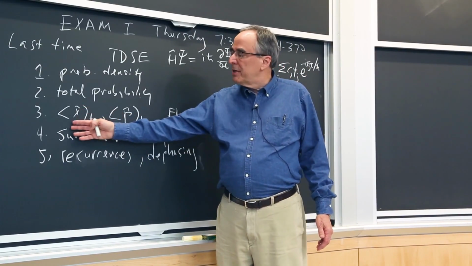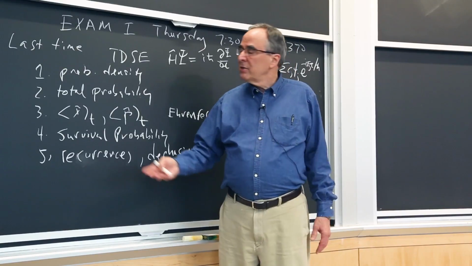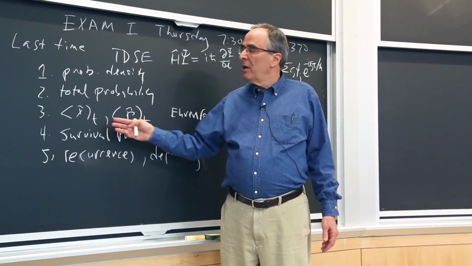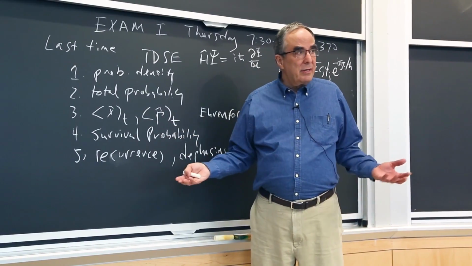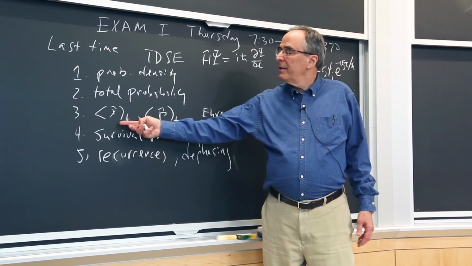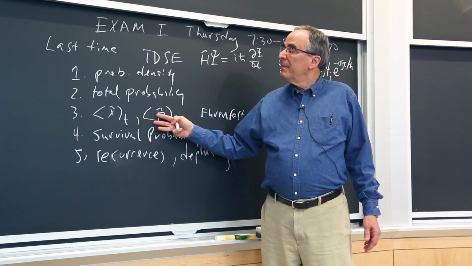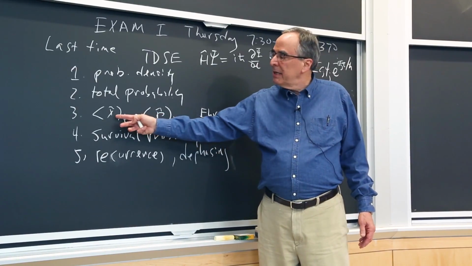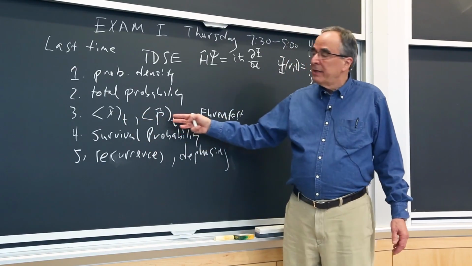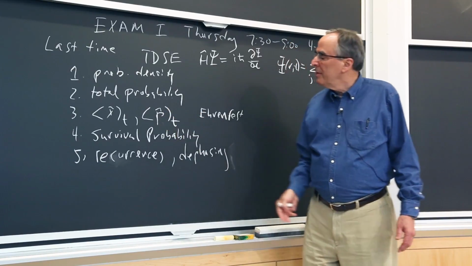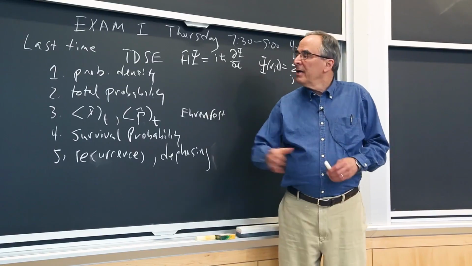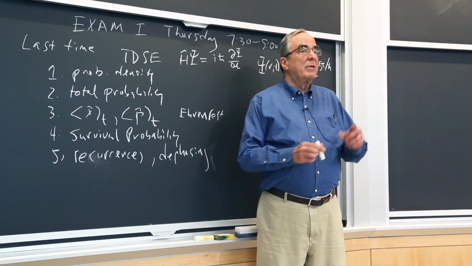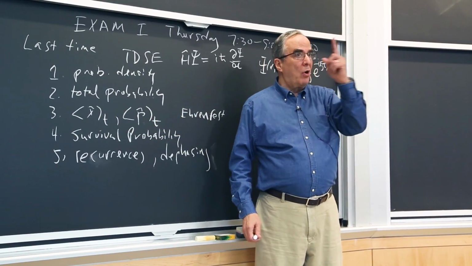Now, in understanding motion from classical mechanics, we know Newton's equations. We know how the coordinate and the momentum depend on time. If we calculate the expectation value of the coordinate or the expectation value of the momentum, it turns out that these describe the motion of the center of a wave packet.